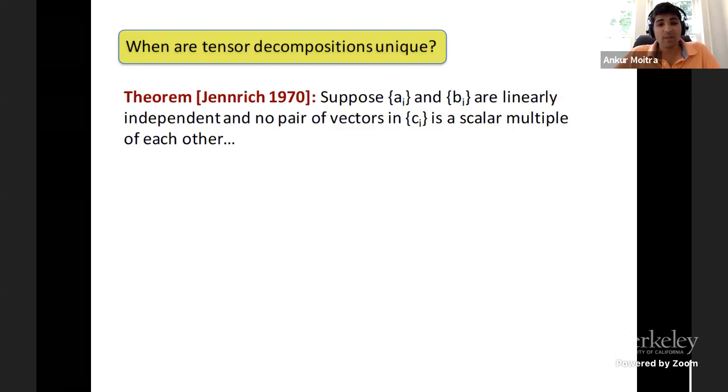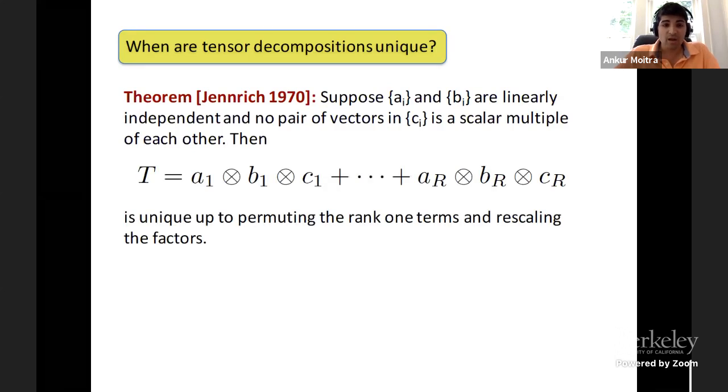There's a beautiful theorem of Jennrich in 1970, which says that if the A sub i's and the B sub i's are linearly independent and no pair of vectors in C sub i is a scalar multiple of each other, then if you have a tensor which is the sum of not too many rank 1 terms, where each rank 1 term looks like A_i tensor B_i tensor C_i, that tensor decomposition is unique. So the uniqueness conditions we need are that the A sub i's are linearly independent, the B sub i's are linearly independent, and something on the C sub i's that's even a little bit weaker than linear independence.